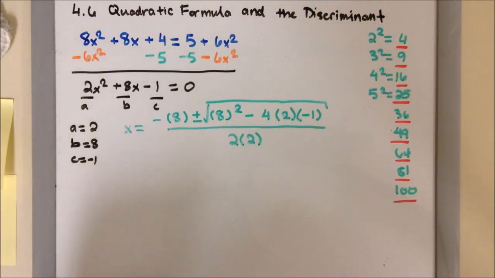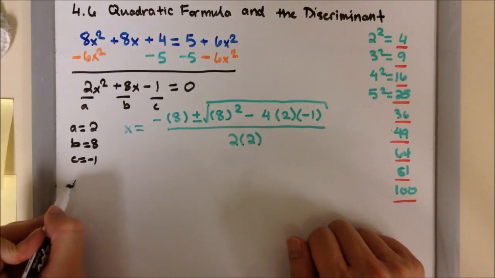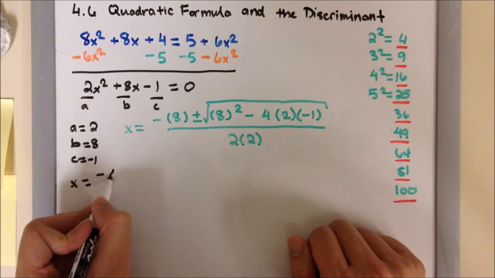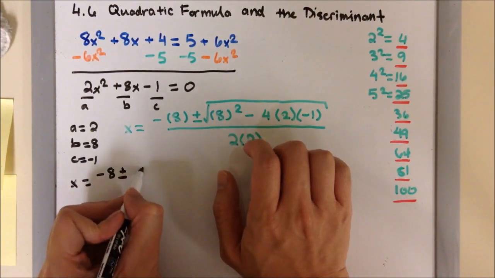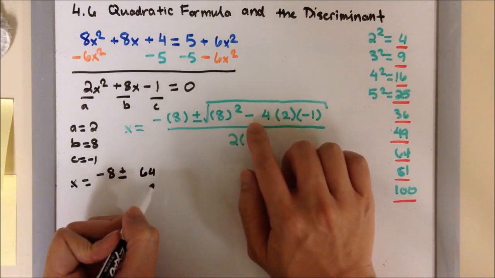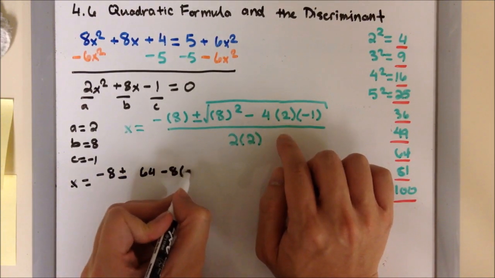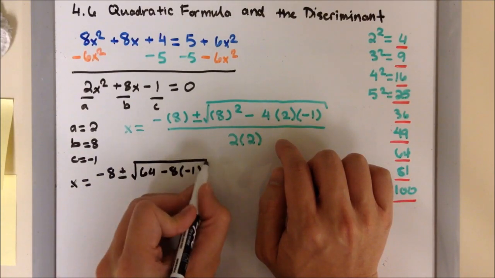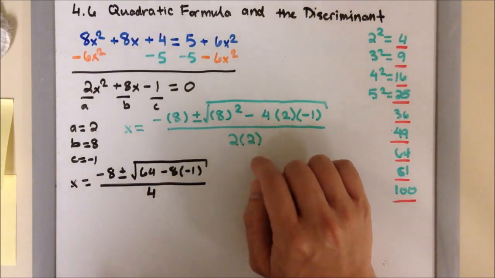Alright, so I'm actually going to simplify my quadratic formula work. So it's going to be x equal negative 8, that's just simply negative 8, plus and minus 8 squared, that would be 64, negative 4 times 2, which will be negative 8, and then negative 1, over two times 2, which is 4.